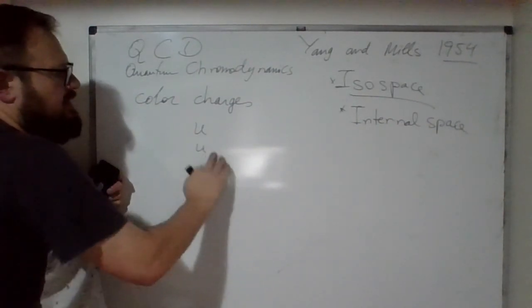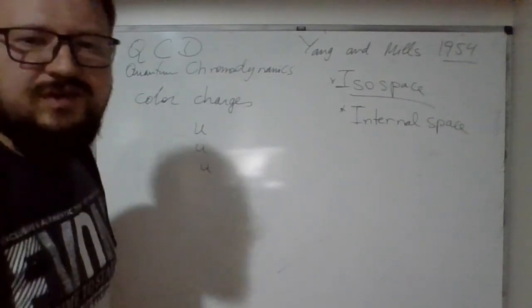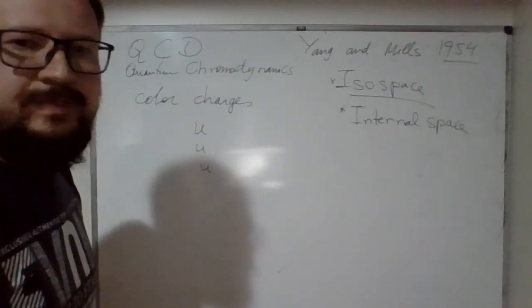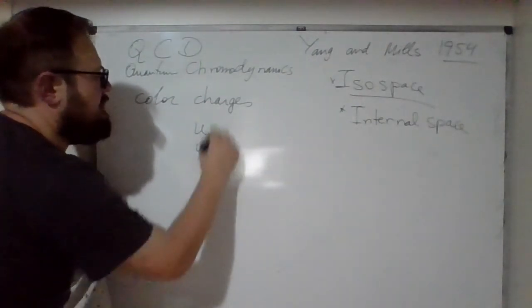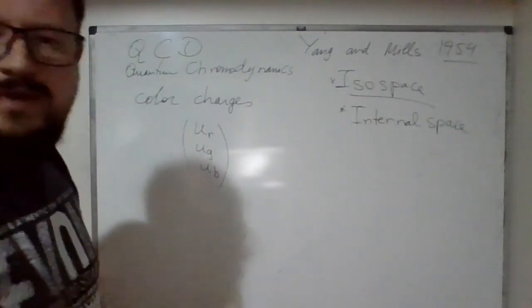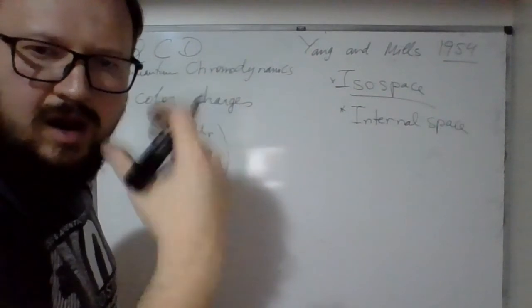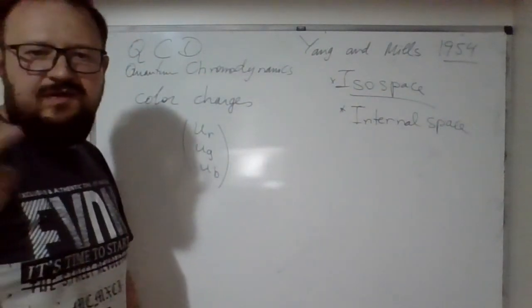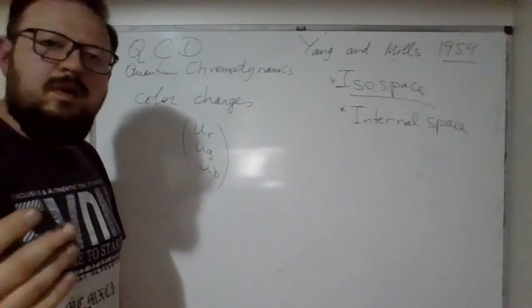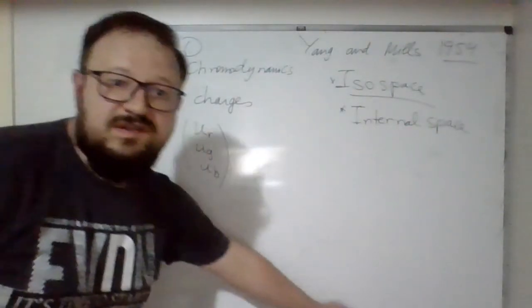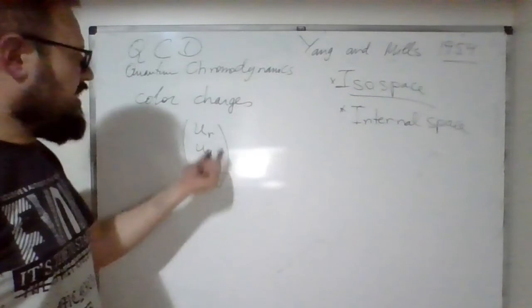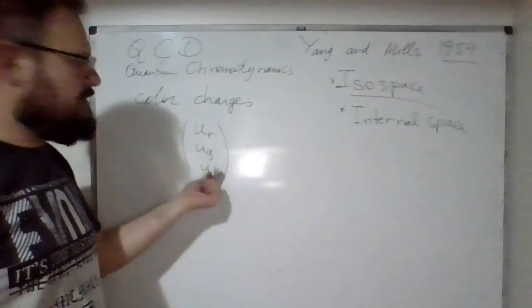I guess they used an analogy with the RGB of colors. So RGB, nothing to do with the real colors we see with our eyes, but because these charges come in three different species, they called these charges red, green, and blue.